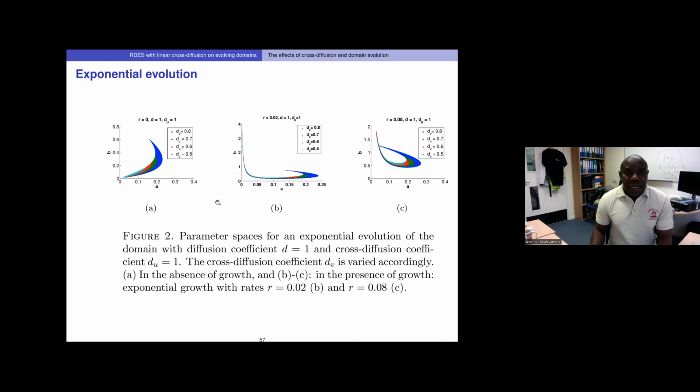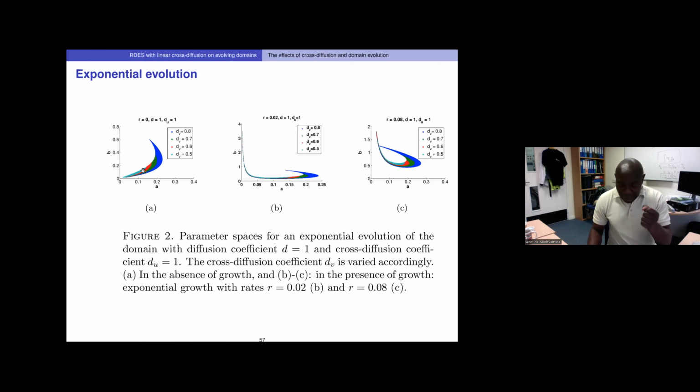These patterns that I'm showing now, I'm choosing D to be equal to 1 here. So this is for the diagonal, this is the diffusion of the diagonal entries. So they're equal, so the DU and the DV are equal. If I solve this in the absence of cross diffusion, even in the presence of domain growth, these parameter spaces do not exist.